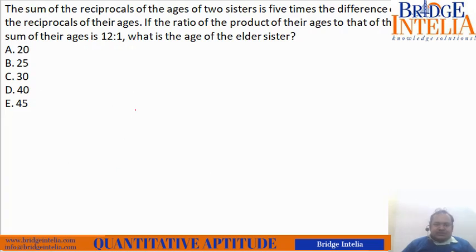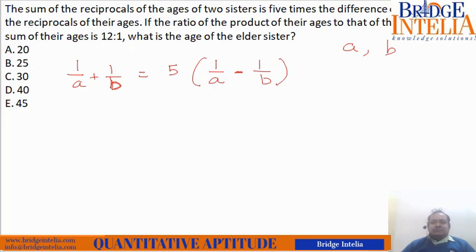Let's move to the next one. The sum of reciprocals of ages of two sisters is 5 times the difference of the reciprocals of their ages. So let their ages be A and B. Same concept: sum of reciprocals, so 1 by A plus 1 by B, is 5 times the difference of their reciprocals.